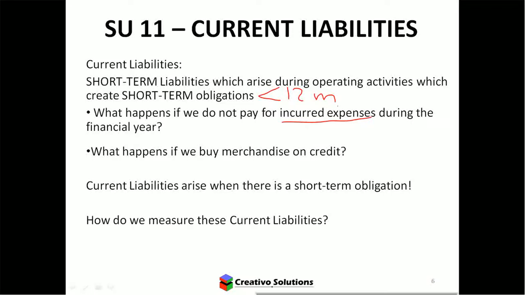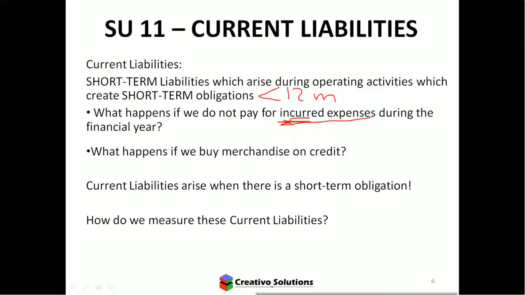And that's why we have an incurred expense. Incurred meaning we've used the water and electricity, but we haven't paid for it yet. When do we pay for it? Once we get confirmation: this is how much you've used, this is the rate that you have to pay, this is the total cost. Does that make sense?